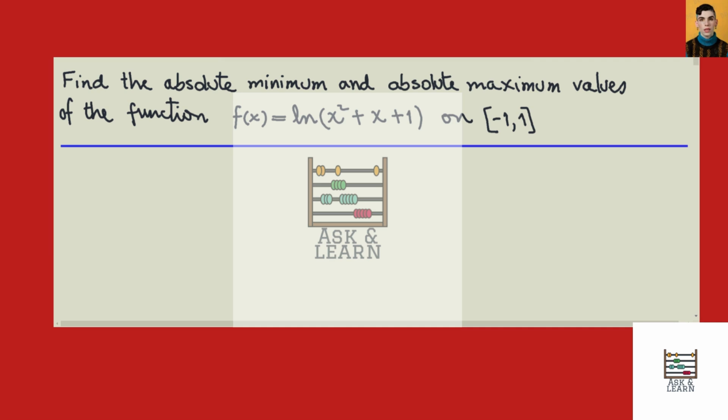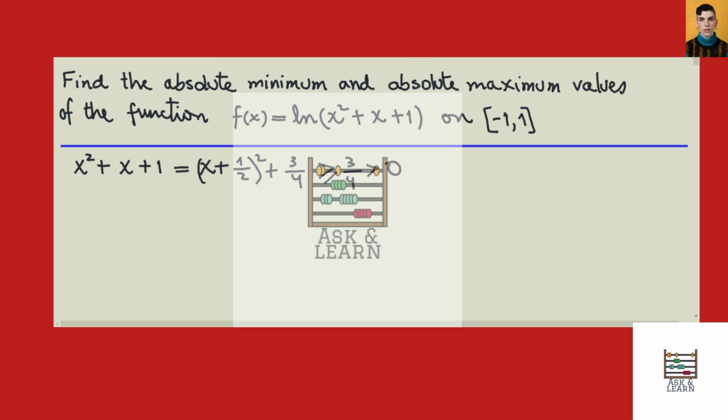So first we note this function is well defined on that interval, because x squared plus x plus 1 can be written as (x plus 1/2) squared plus 3/4, which is greater than or equal to 3/4, which is greater than 0.